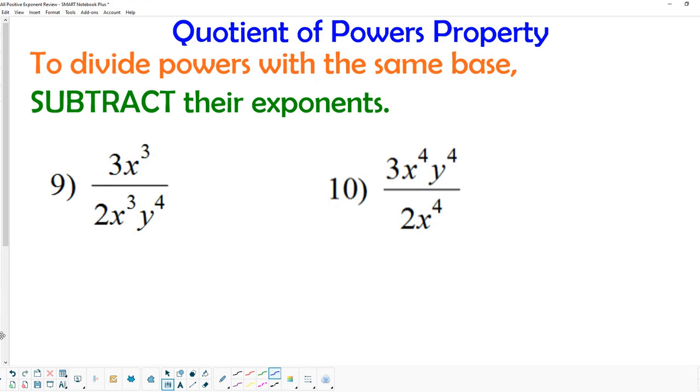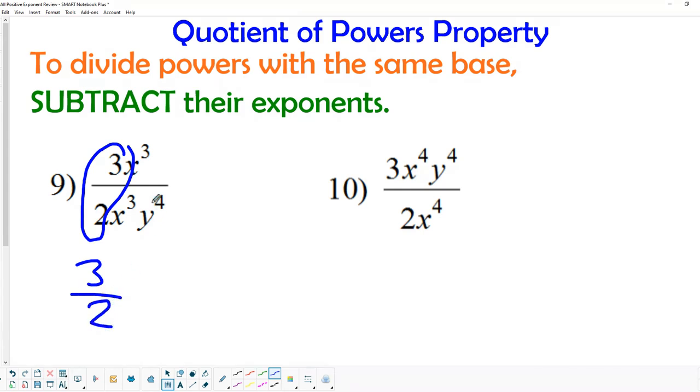Okay, then we moved on to the quotient of power rules. And so we said that you should subtract the smaller exponent from the bigger exponent, wherever it happens to be, and then see what you end up with. So let's look at how this works. First of all, if you have a couple of coefficients there, you just treat that as a fraction and simplify it.